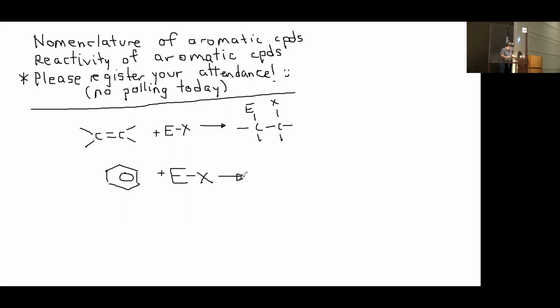And again, this will usually require a catalyst, which just shows you how unreactive benzene and benzene derivatives are. And even then, you don't get an addition reaction, you get a substitution reaction. So you'll replace one of those 6 hydrogens with this electrophilic group. Doesn't matter which of the 6, they're all the same.